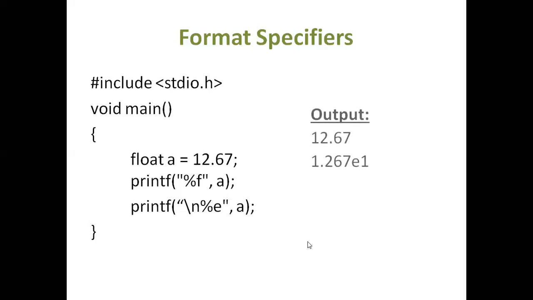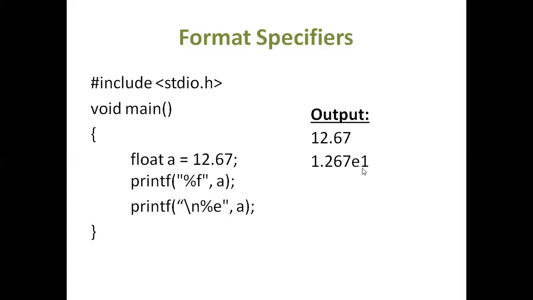So let's see the output. When we use the %f, the value will be printed the same as we have assigned it, 12.67. When we use the exponential notation, this is how it will be printed: the decimal will be placed after the first digit and it will show us the value.